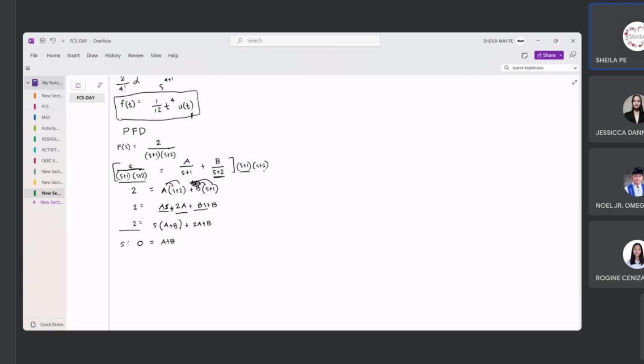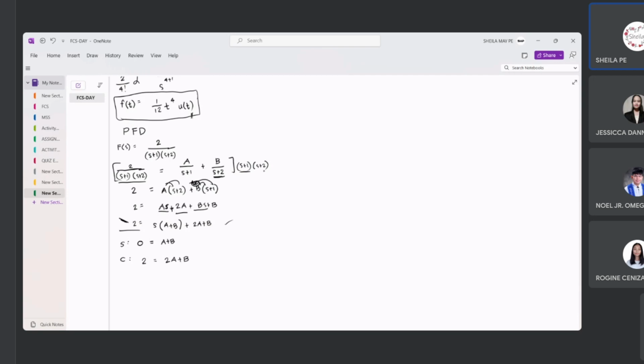Since we don't have any S of any other degree, let's proceed to the constant. On the left side of the equation, we have 2 as the constant. On the right side, we have 2A plus B.